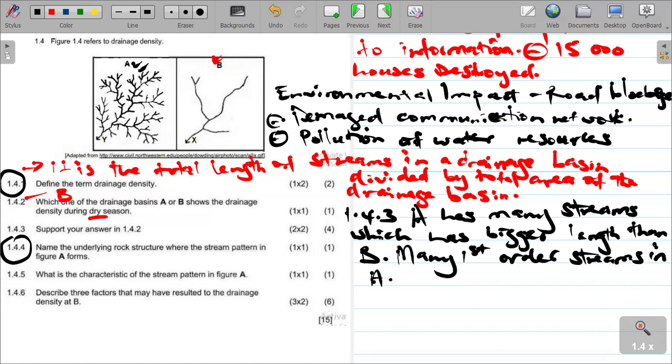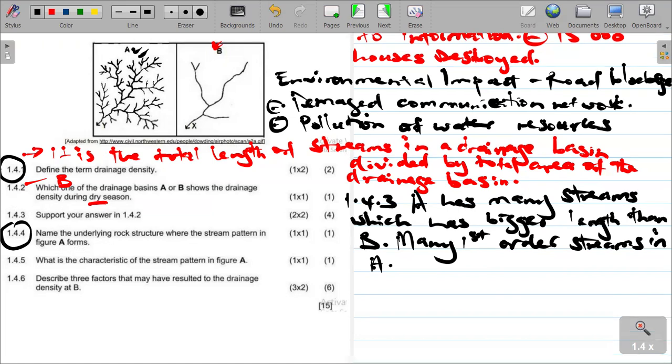It is found where the rock is uniformly resistant to erosion.